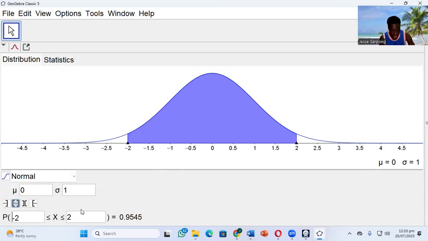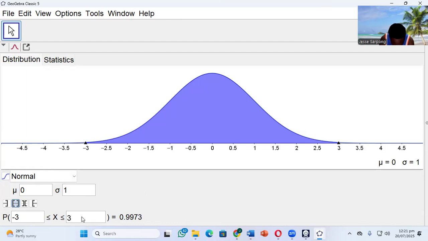The probability changes. Also, we can change the parameter to 3. So when you change it to 3, the probability goes to 99.73%, which we can actually see here. So the value of x in this blue range is very, very likely.